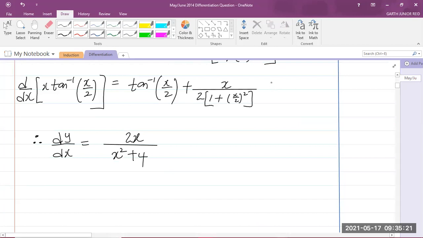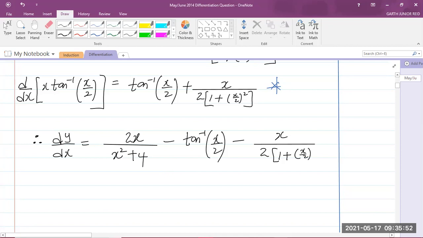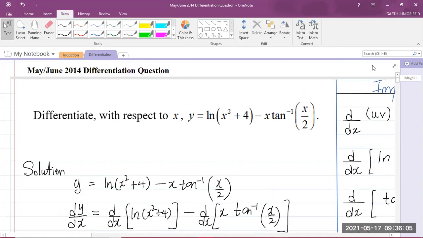When you're subtracting, the negative sign will affect each term. So I will have minus the first term, tan inverse of x over 2, minus the other term, which is x divided by 2 times 1 plus the square of x over 2. All right, so that is my solution to this past paper question.